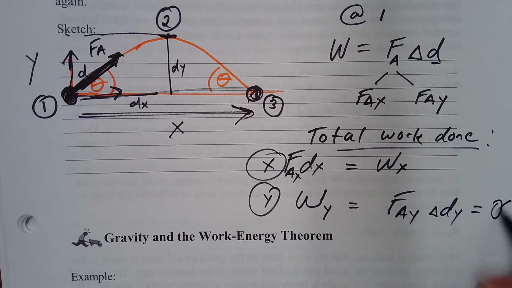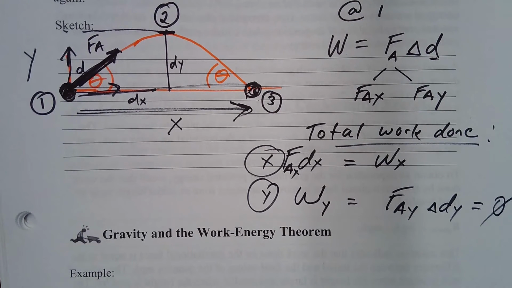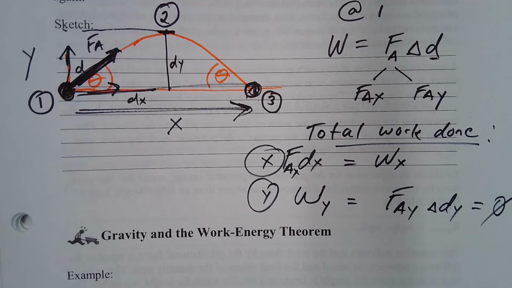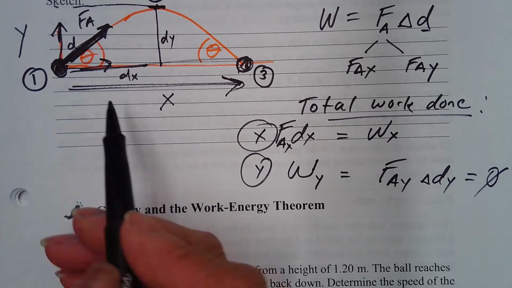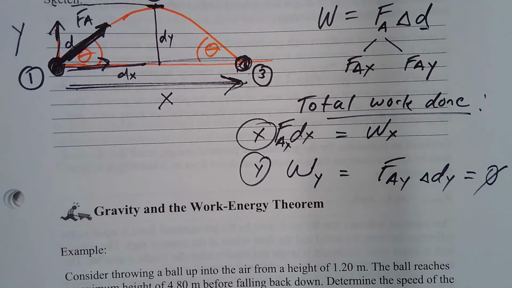So the work done on the y is 0, vertically. That's what you were thinking, right? Because it went up and then it went back at the same level. So yeah, it is 0 along the y, but along the x, it traveled a certain distance. So we needed to look at those in terms of the x and y as well.